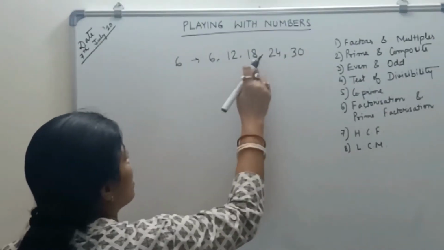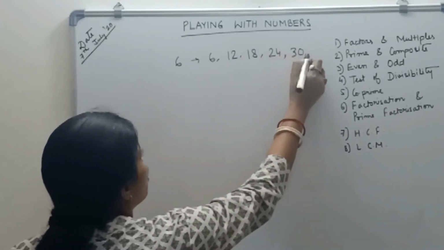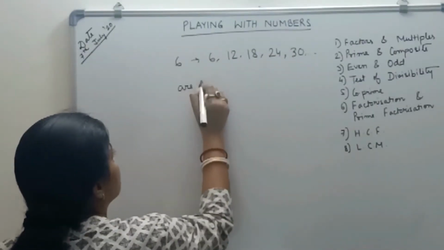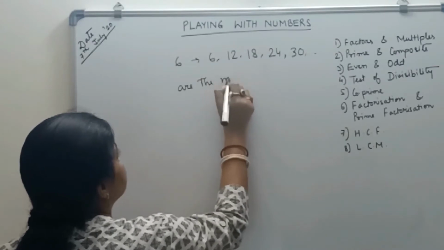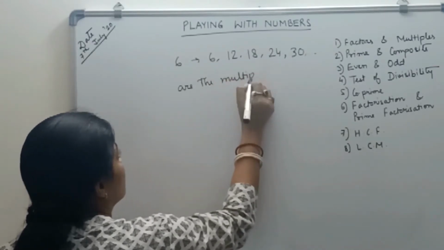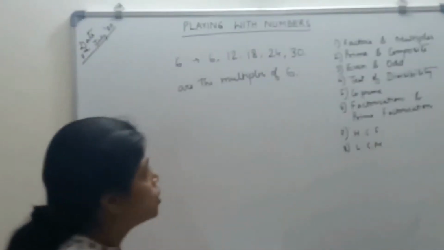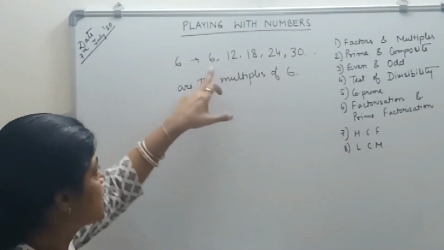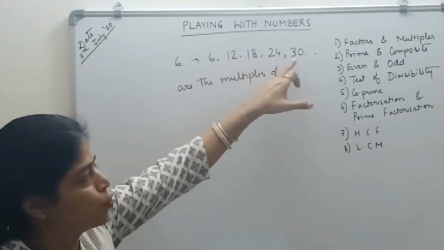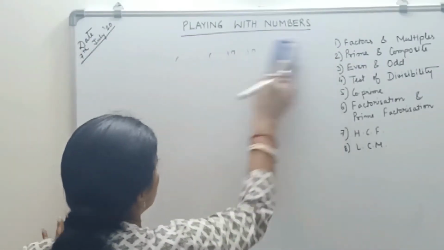So multiples of 6 are 6, 12, 18, 24, 30 and it will go on.